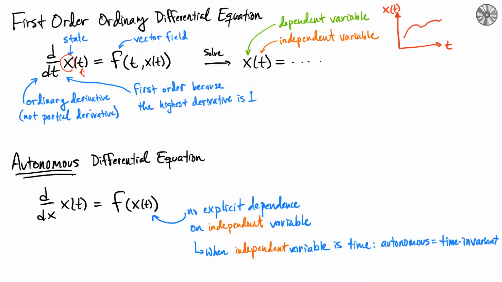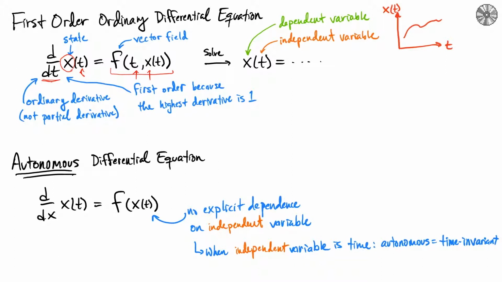Depending on how we define this differential equation or what properties it has, it makes us analyze it in different ways. One of the more generic forms would look something like this, where the derivative, in particular the ordinary derivative, of the state is described as some function of both time and the state.